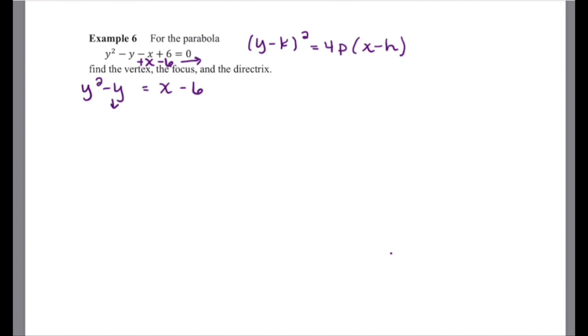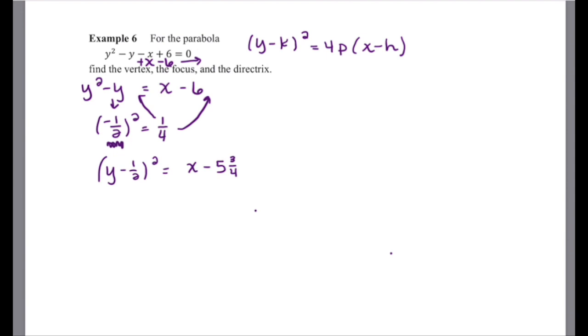I need to take my value here, so negative 1 divided by 2 squared, which is going to be a fraction, so the negative half is the part we're going to use when we factor, which is really nice and convenient, is equal to 1/4, and I'll add 1/4 to both sides. Its factored form then is (y minus 1/2) squared equal to x minus 5 3/4, since negative 6 plus 1/4 is 5 3/4.